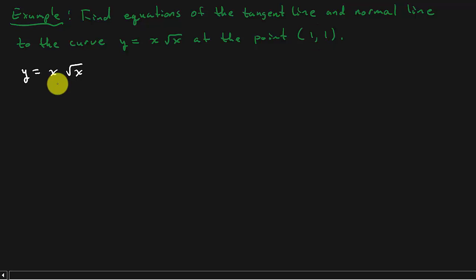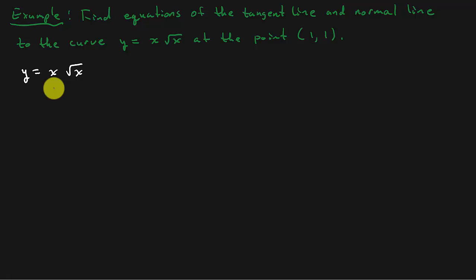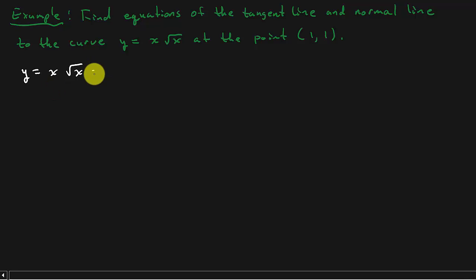All right, so let's take the derivative of this. Well, look at what we got. This is x times square root of x. We don't have a formula that looks anything like that. Well, you've got to rewrite it. So this is going to be x times x to the 1/2, which equals x to the 3/2.